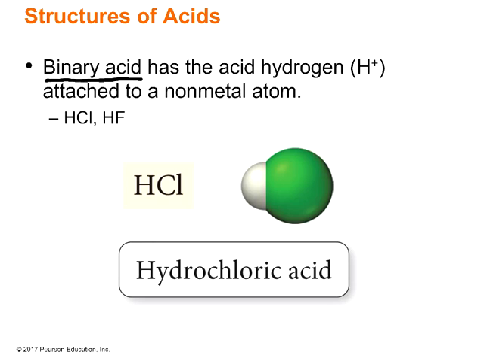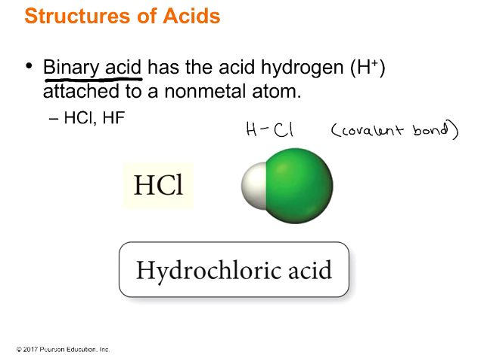So, for instance, we have hydrochloric acid, and I'll just write a note here that these are covalently bonded. So they are sharing electrons, but we do have our hydrogen atom bonded to our nonmetal atom, the chlorine.